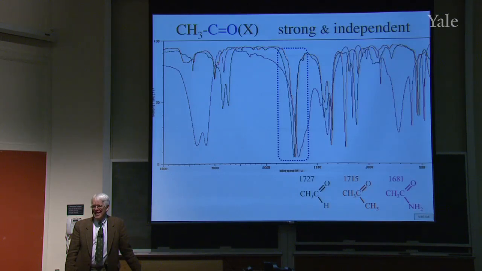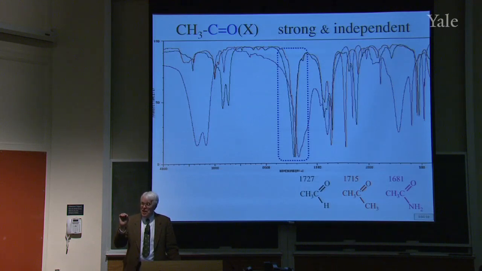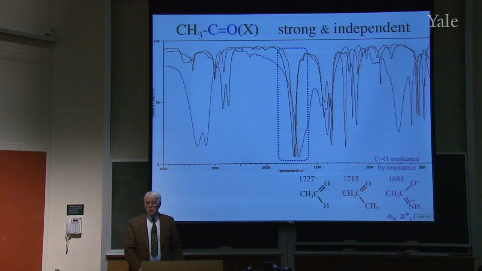The interaction between the lone pair of nitrogen and the pi star. So you put electrons from the nitrogen into the anti-bonding orbital of the CO, weakening the CO bond and lowering its vibration frequency. So there's the unshared pair. We mix them with pi star, and it gets to 1681, right? So the CO is weakened by resonance, by occupancy of the pi star.